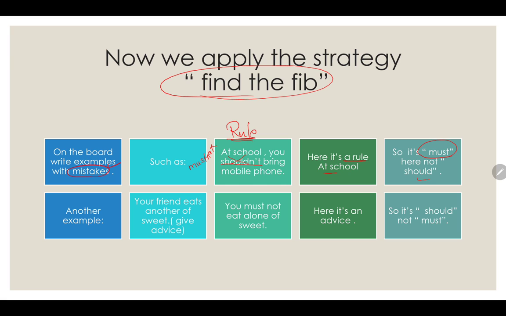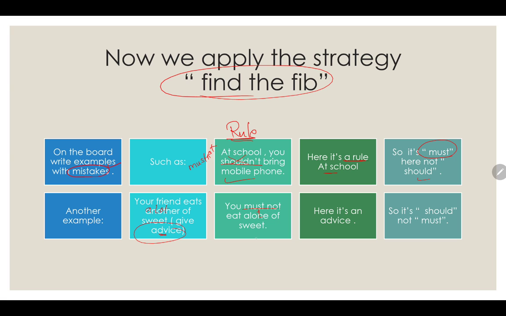Another example. So here they have to find the fib in this sentence. Done. Another example: your friend eats a lot of sweets. You may write it this way: you must not eat a lot of sweets. It's advice. I ask you for advice.